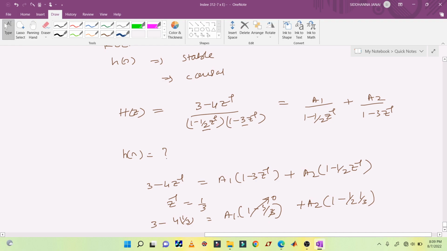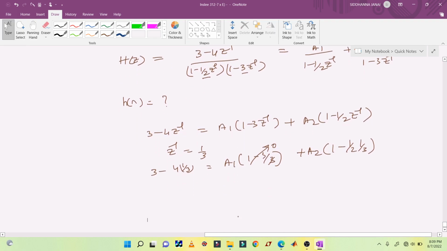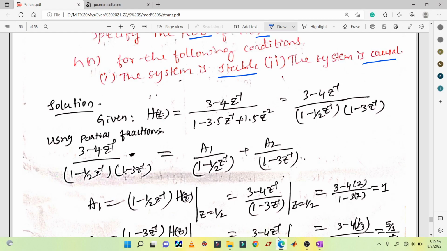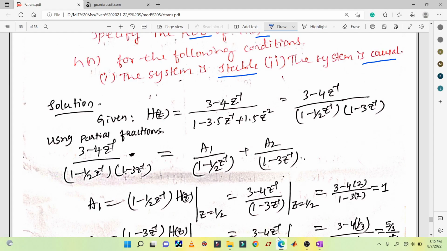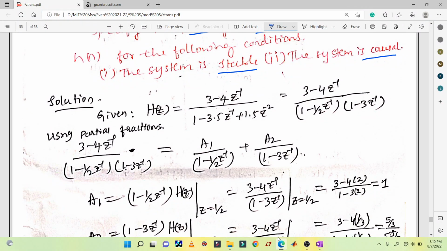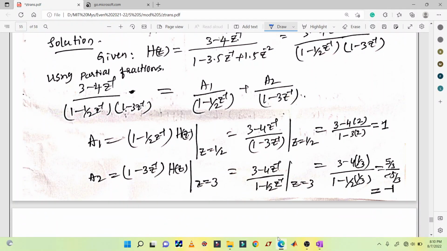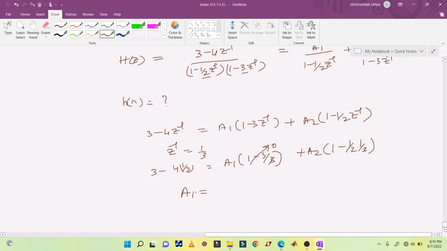Finally, if you solve this, you will get A2 = -1. A1 is cancelled out, right?